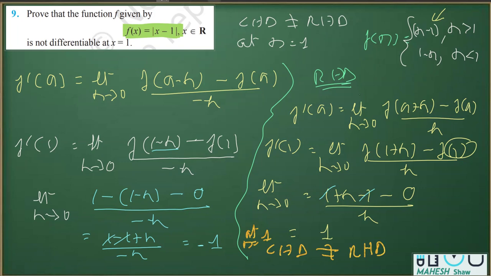So had the question been |x - 3|, then we would have said that it is differentiable everywhere except for x = 3. Similarly, if the question were f(x) = |x + a|, we'll say that it is differentiable everywhere except for x = -a.